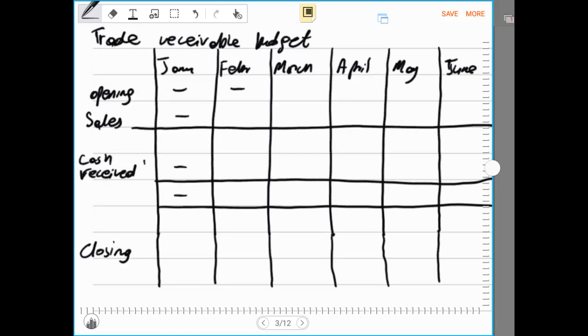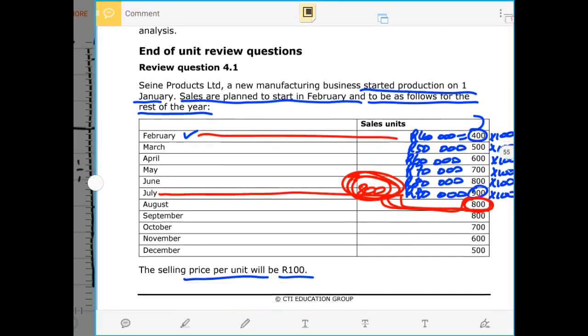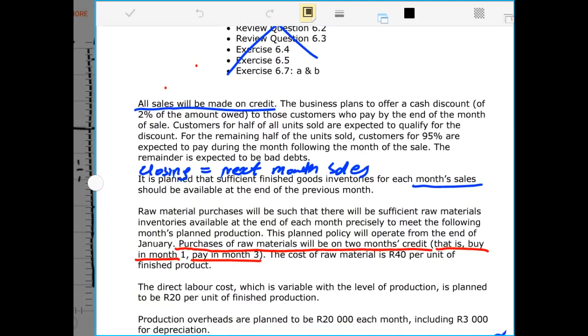When you come to cash receipt from our customers, there was a policy regarding the payment of our customers. The policy said that the business plans to offer a cash discount of 2% on the amounts owed to those customers who pay by the end of the month of sale.